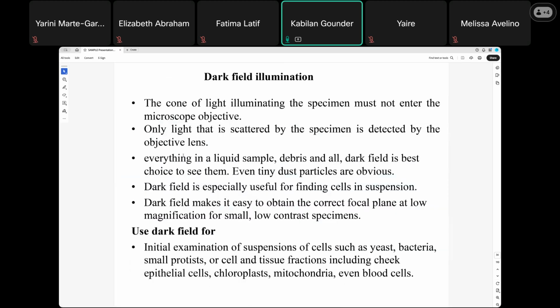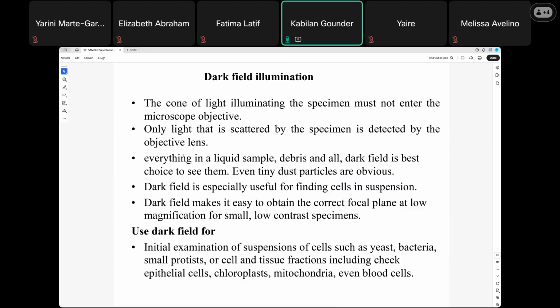There is another type of microscope, which uses a cone of light. The light from the source must not enter the microscope objective. Only the light that is scattered by the specimen is detected by the objective lens.